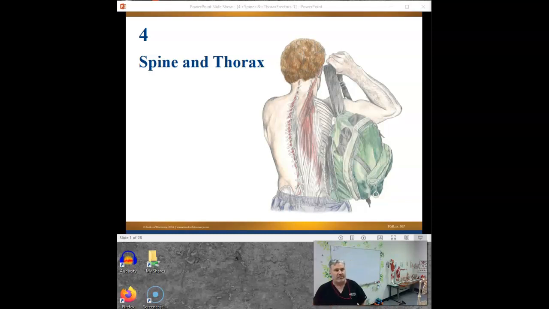So let me share with you here. Actually, before I share with you, let me explain the problem with back muscles and why they're so confusing.